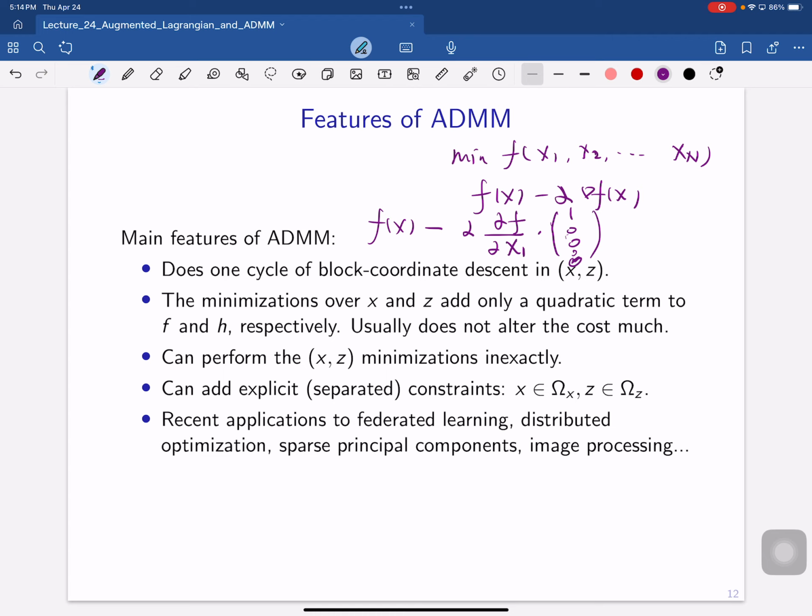The other thing is that you can add some explicit constraint to x and z separately as long as they are decomposable. There are many applications of ADMM, especially in machine learning. If you are into machine learning, there are many applications like federated learning.